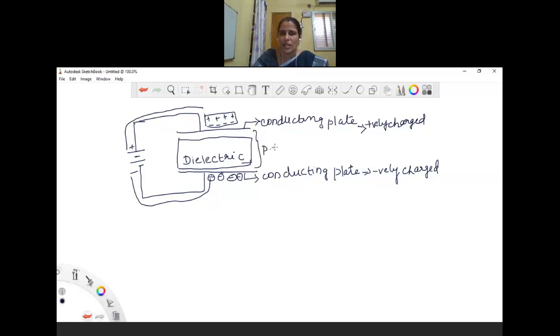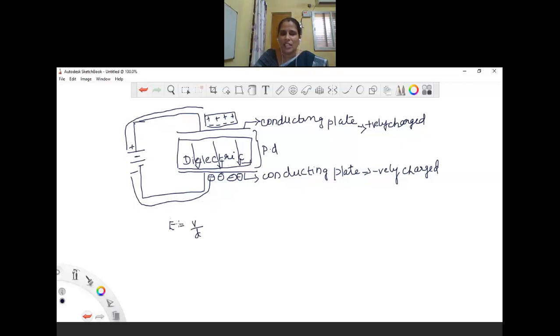Okay, and because of the potential difference, there will be an electric field in between these two plates. So what is that electric field? That electric field can be calculated by E is equal to the potential difference divided by the distance between the two plates.